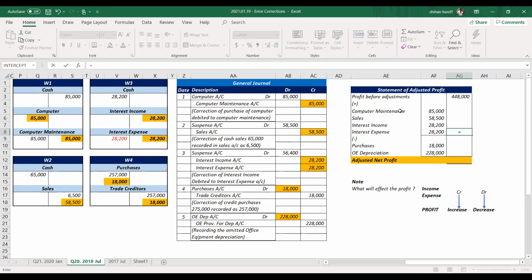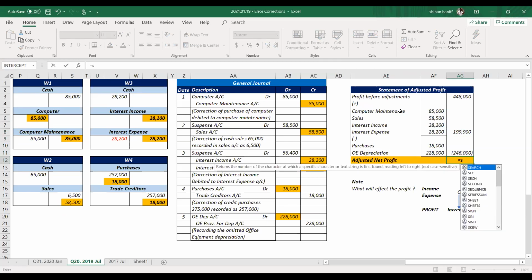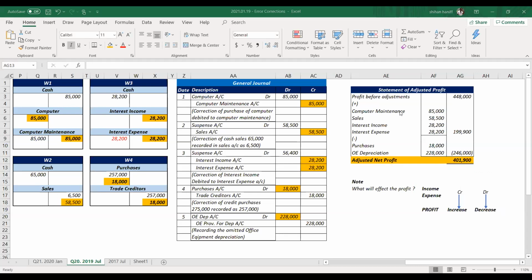Credited amounts will be added. Debited amounts will be deducted. Two steps. Right, two steps. First, identify the income expenses.